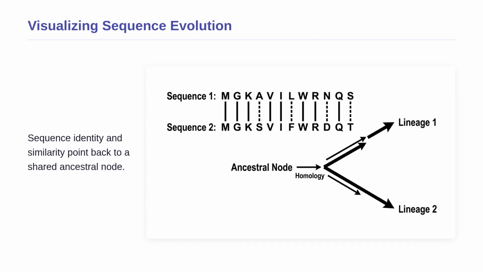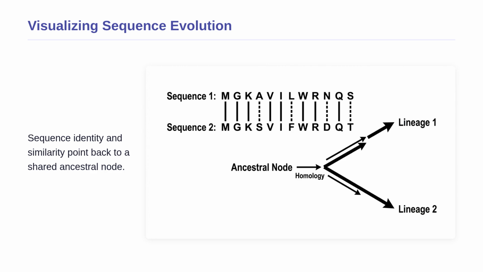Now that we have calculated and evaluated these metrics, let us visualize how they connect to evolution. On the left of this diagram, you see 2 aligned sequences. The solid vertical lines represent sequence identity, the exact letter matches we counted earlier. The dashed lines represent sequence similarity, the conservative substitutions.